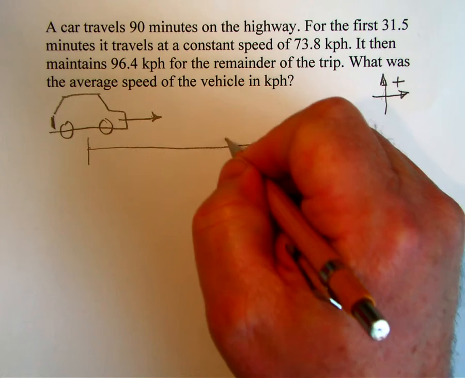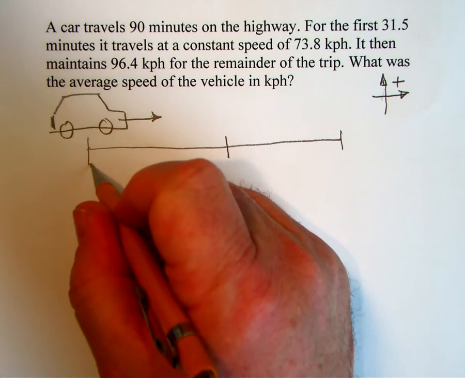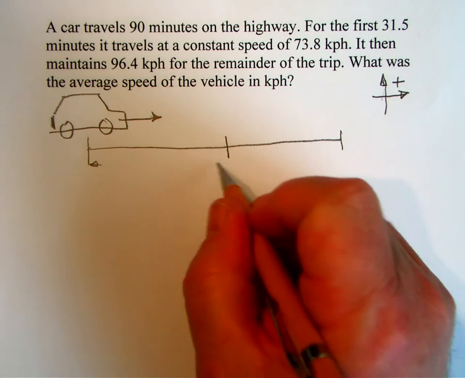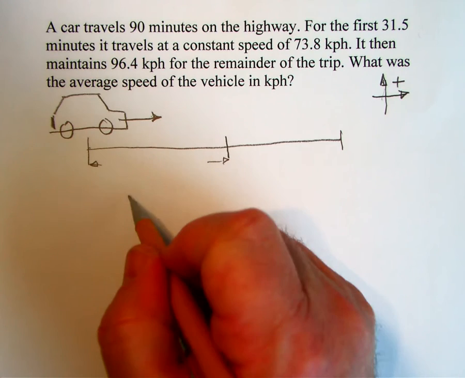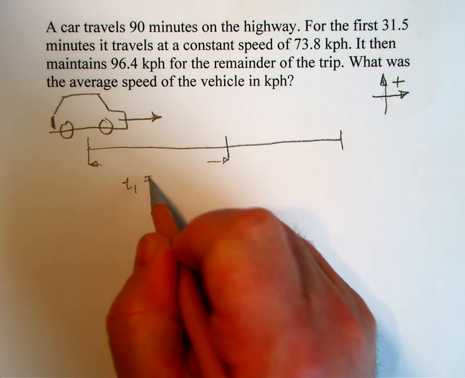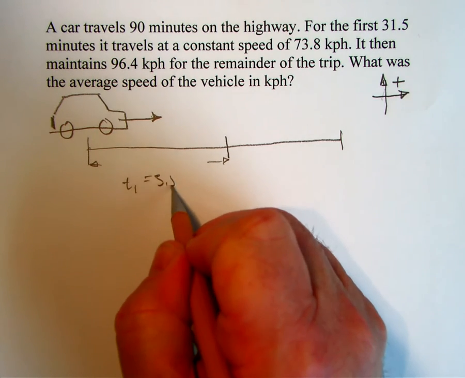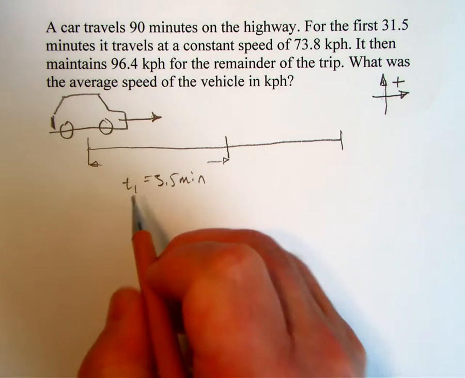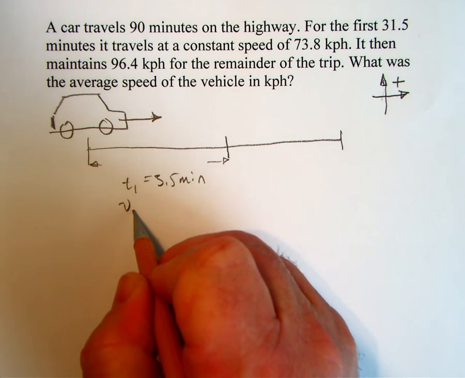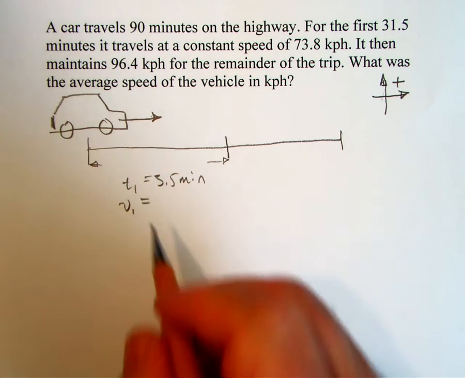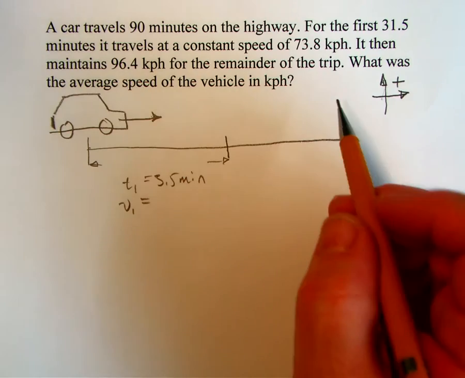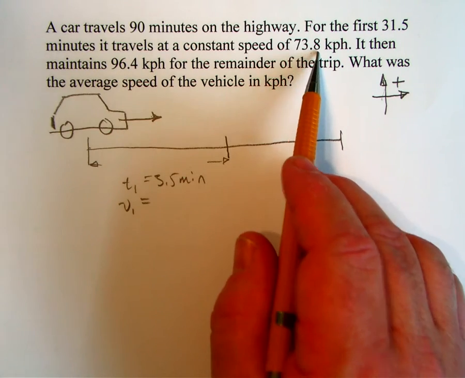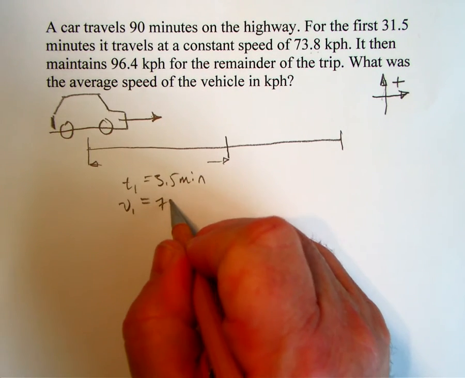And we'll say from this point to this point, for a time of 31.5 minutes, the velocity, and we'll label that velocity 1, is 73.8 kilometers per hour.